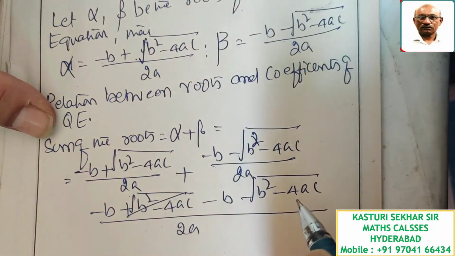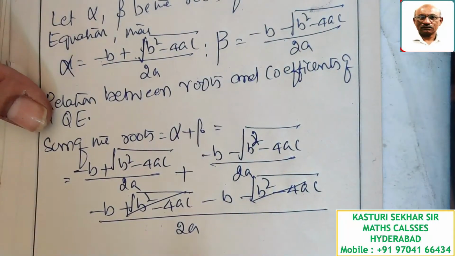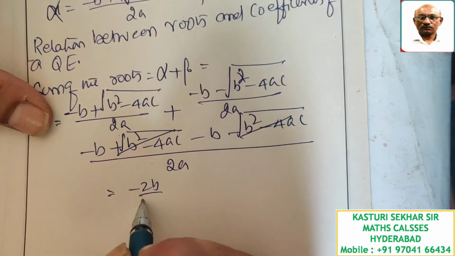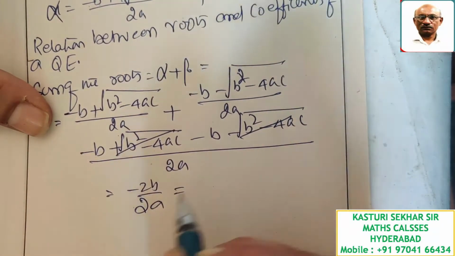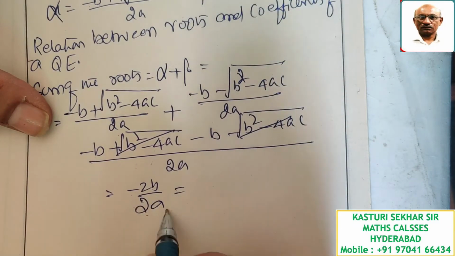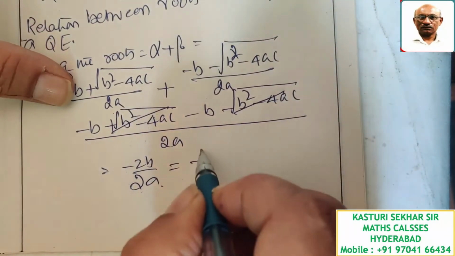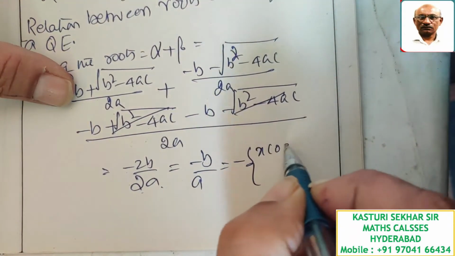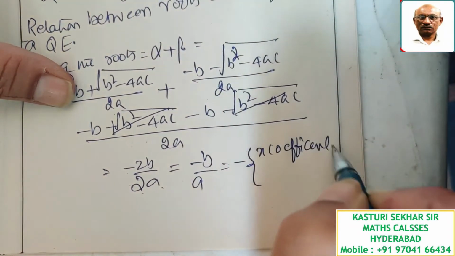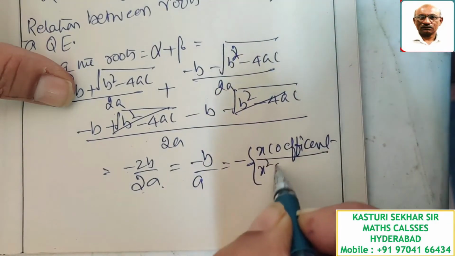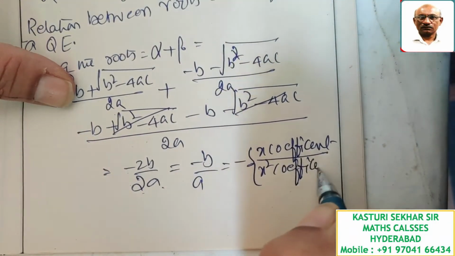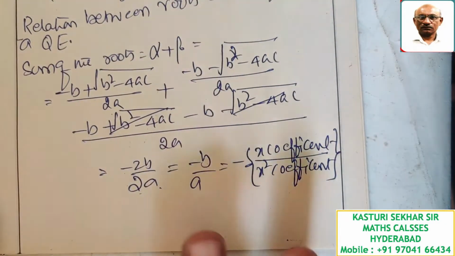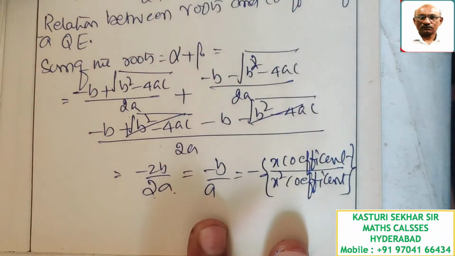The plus sign and minus sign cancel with each other. Minus 2b divided by 2a is equal to minus b by a. This is the x coefficient divided by the x square coefficient, with a minus sign.